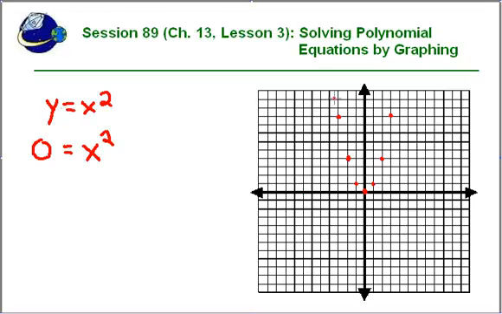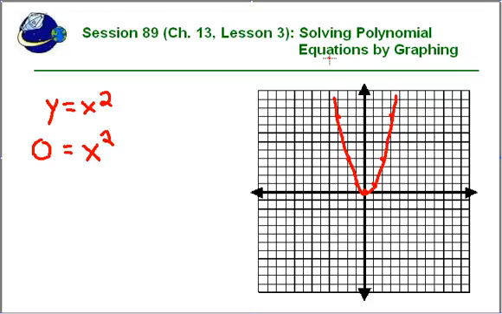What I can do then is I can go ahead and connect these with a curve, knowing that that curve does continue indefinitely upwards on the graph forever. That, therefore, is the graph of y equals x squared.